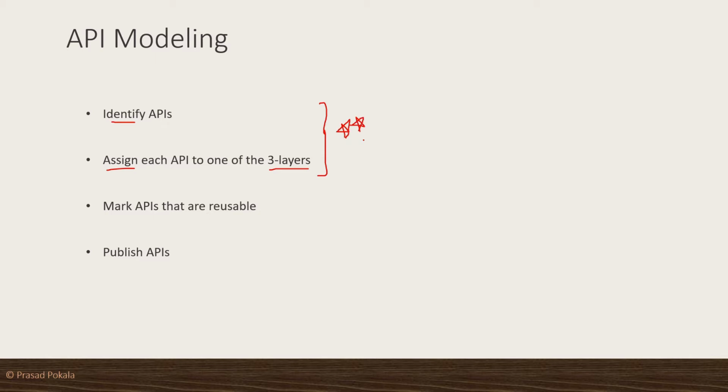What I mean is this particular piece will become a very base foundation. Because the success of a platform architect, the success of you, will depend on how well and deep he or she can analyze and identify the APIs and assign them to the right layers.